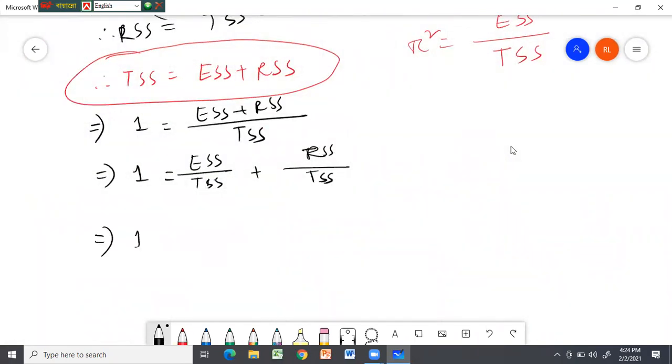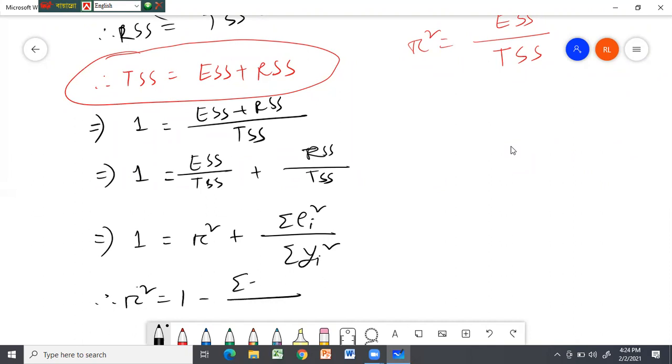So we can write down that ESS by TSS is my R square, and this one RSS means sum of ei square divided by TSS means your summation of the yi square. So R square can be also calculated with 1 minus sum of ei square divided by sum of small y square. আমরা এখান থেকে R square টা বের করতে পারি, ঠিক আছে?